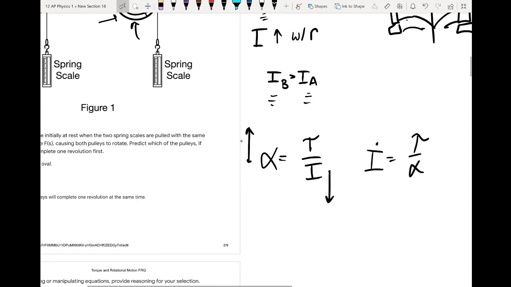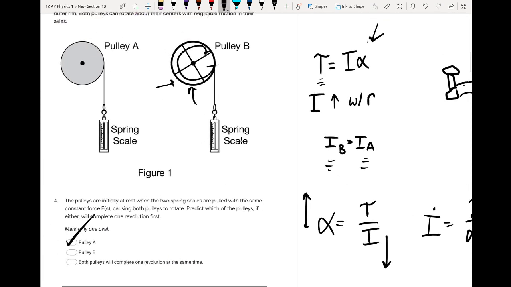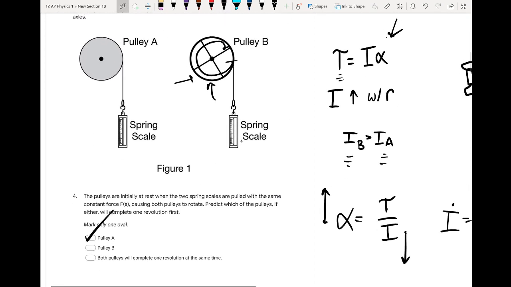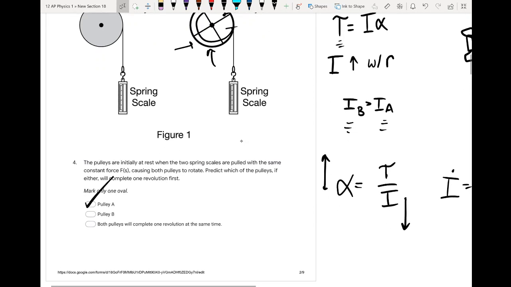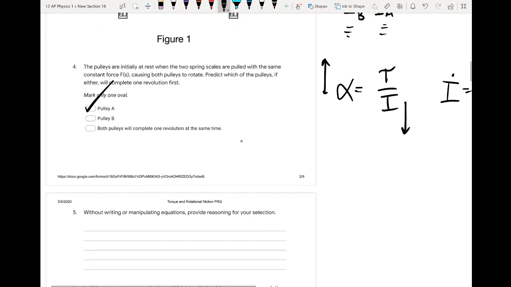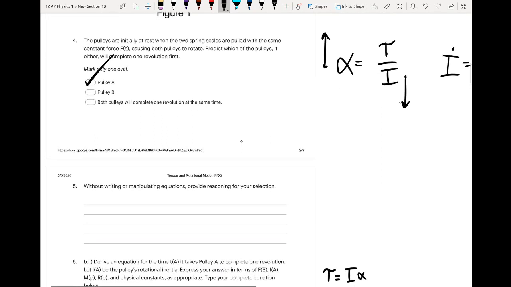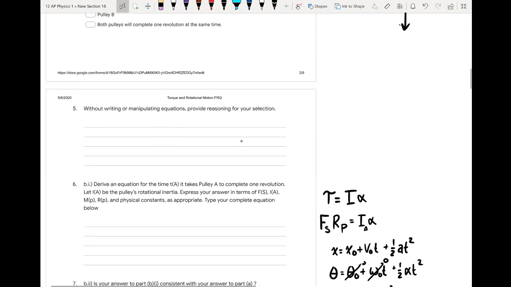Because the angular acceleration dictates how much time it takes us to speed up and eventually complete that one full rotation, and it's related to I, if the I goes down, then we'll get there quicker. So A will get through that rotation quicker.